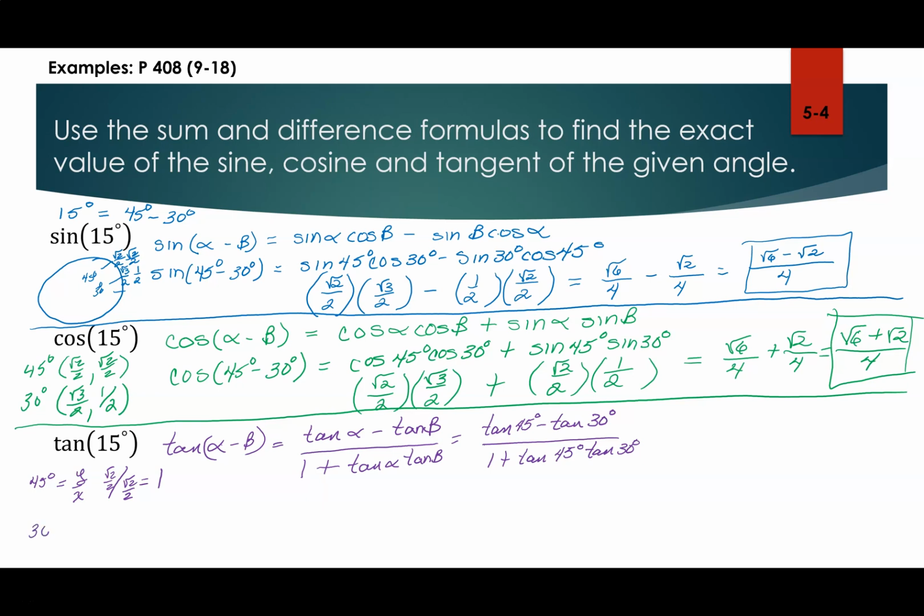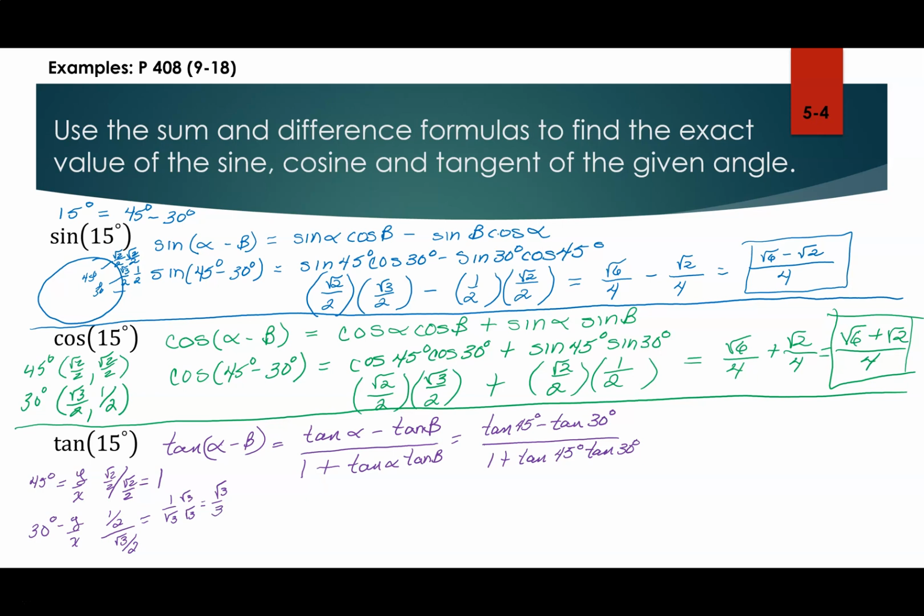For the 30 degree angle, using my y over my x, I have 1/2 over square root of 3 over 2. So the 2's cancel, and I get 1 over root 3. I rationalize, and I get square root of 3 over 3.